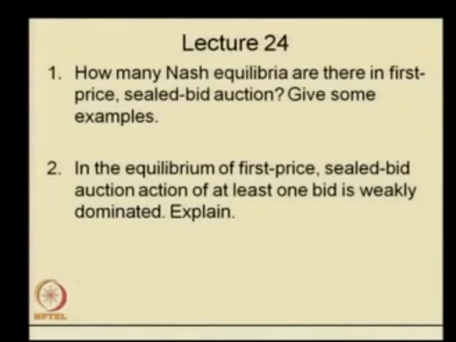How many Nash equilibria are there in the first price sealed bid auction? Give some examples.